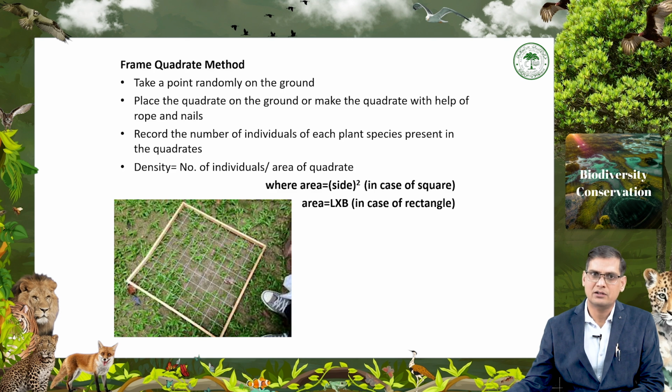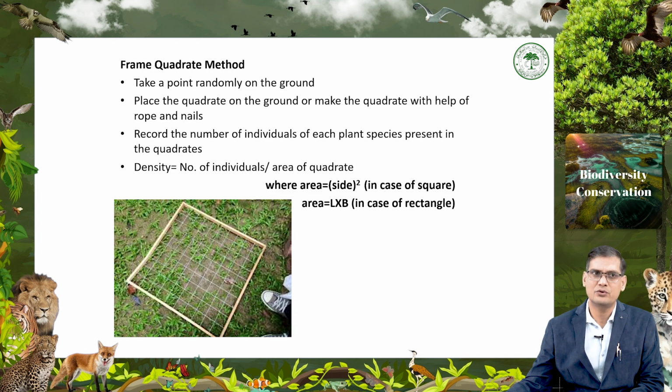Frame quadrat method. Take a point randomly on the ground or take a point on the transect. Then place the quadrat on the ground or make the quadrat with the help of a rope and nails. A quadrat can be rectangular or can be a square plot.